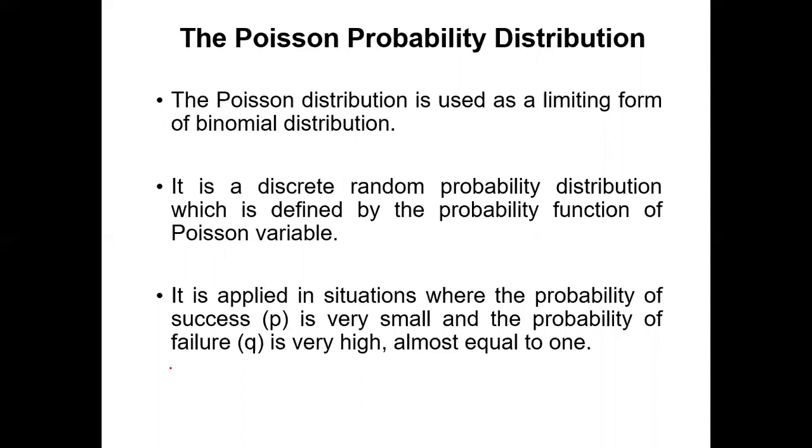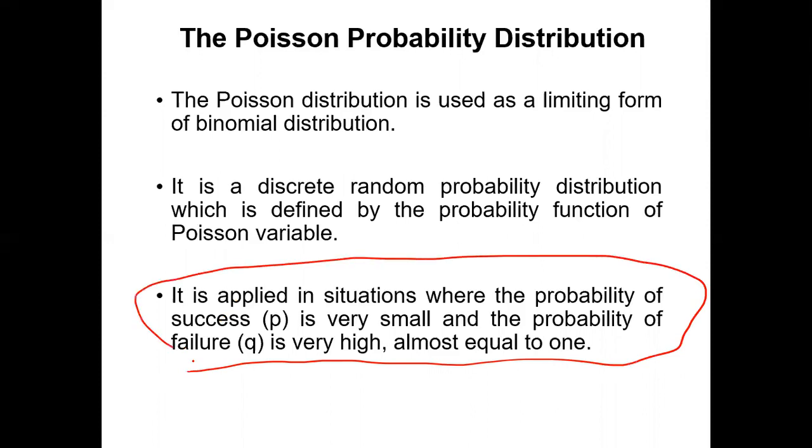So here, one of the key features you must pay attention to, to be able to distinguish between binomial and Poisson, is that Poisson is usually applied where the probability of success is very small and the probability of failure is very high. That is when we employ the Poisson.